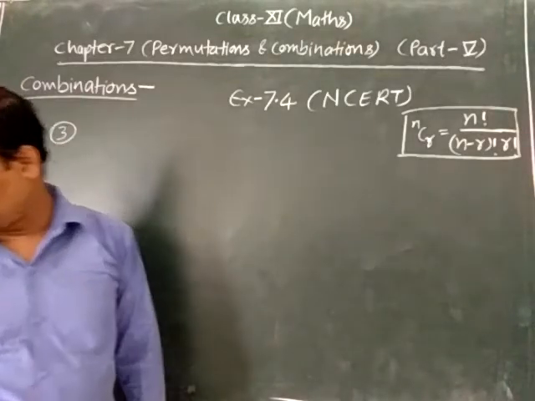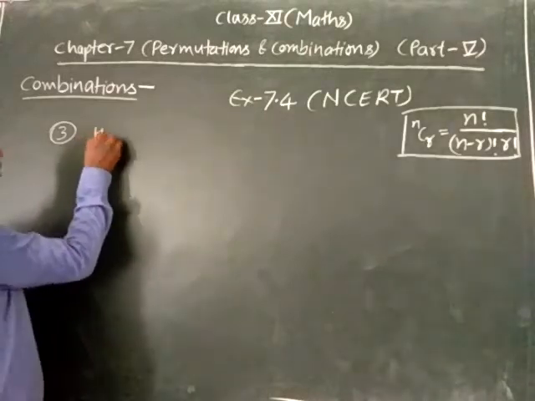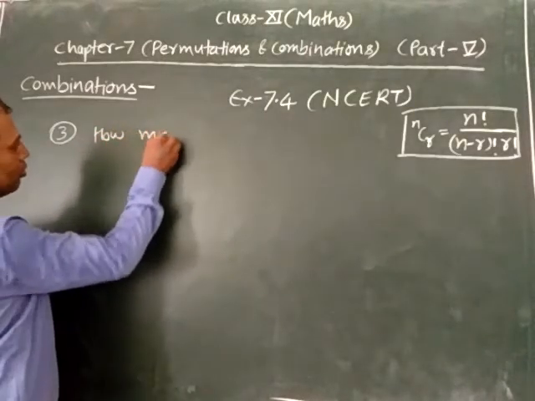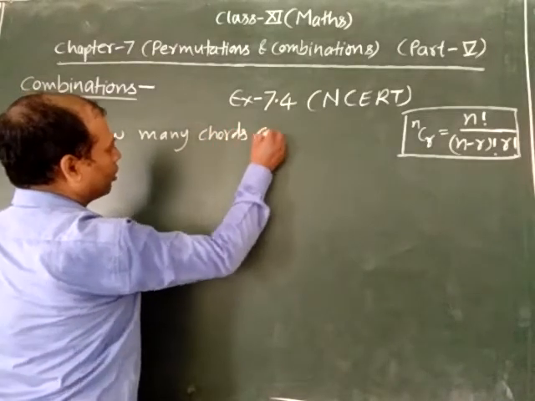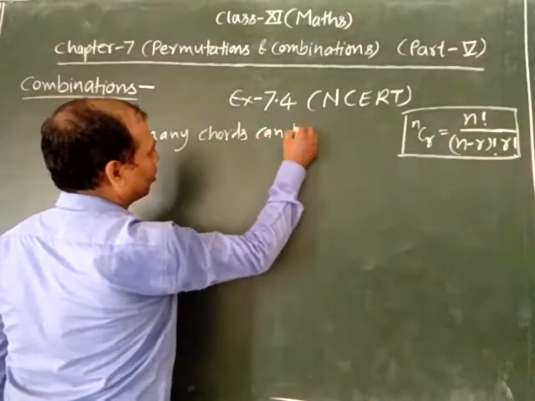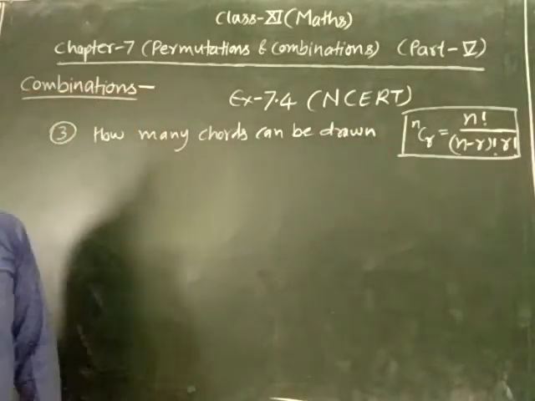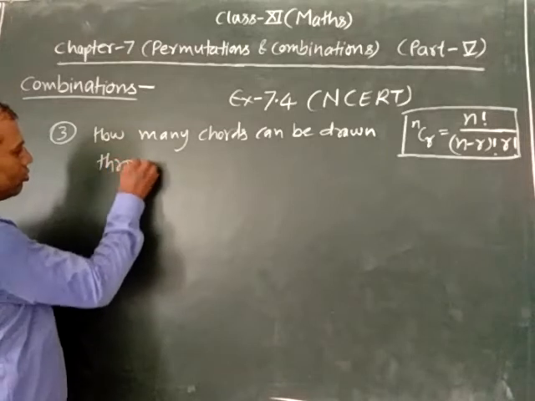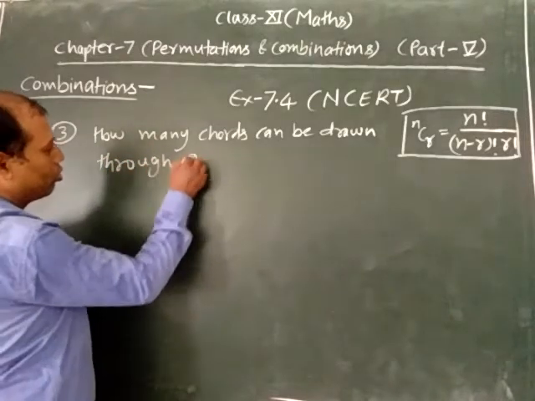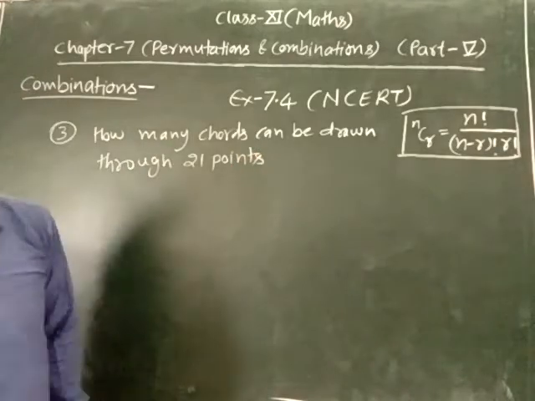In this question, the question is that how many chords can be drawn through 21 points on a circle?